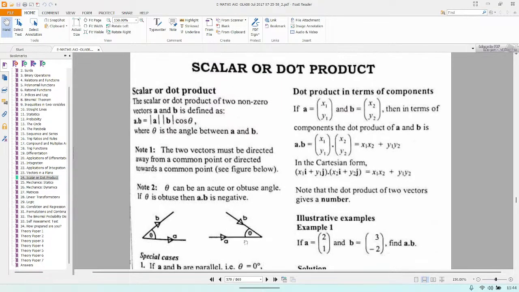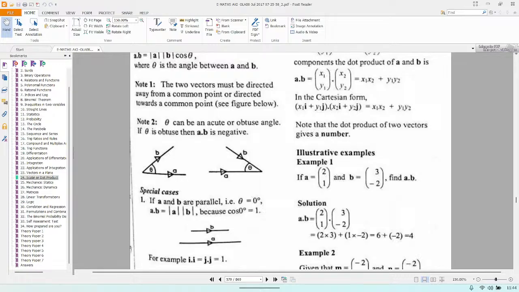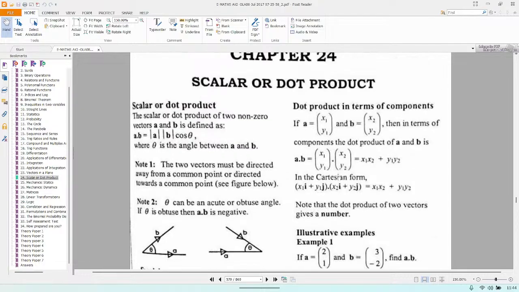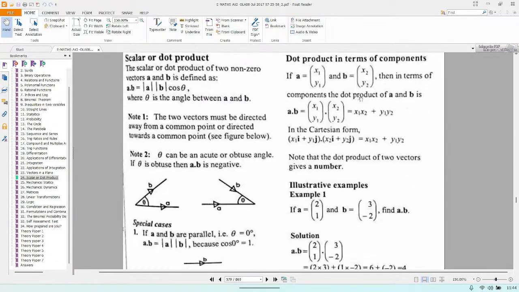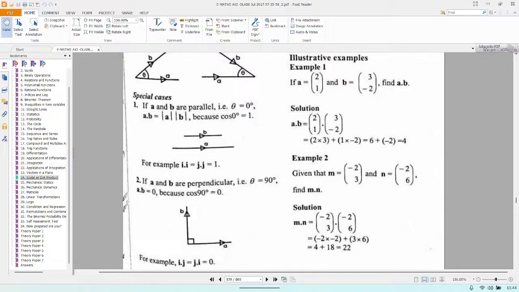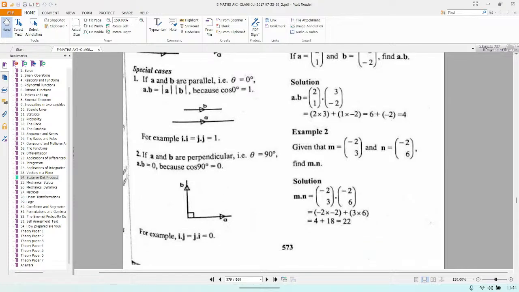But there are special cases. If they are parallel, the dot product equals the product of their magnitudes because cos 0 is 1. If they meet at 90, cos 90 is zero, so everything should be zero.